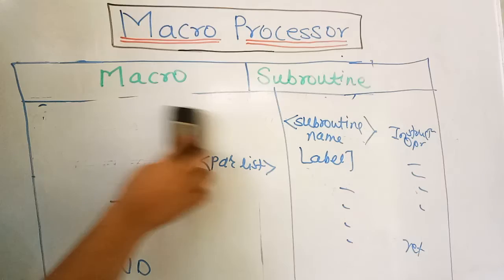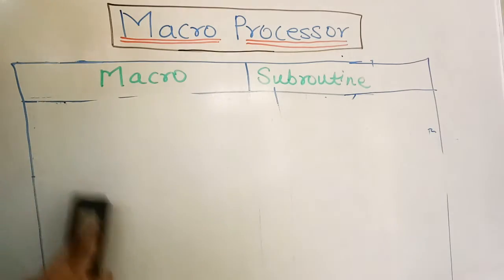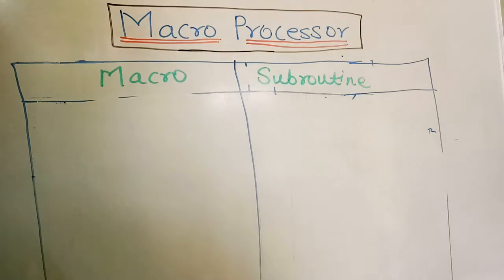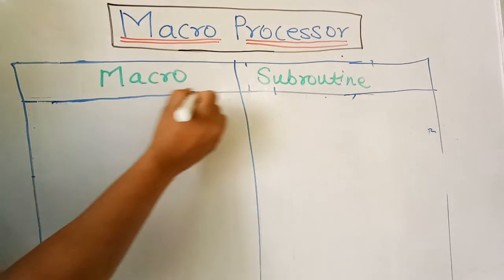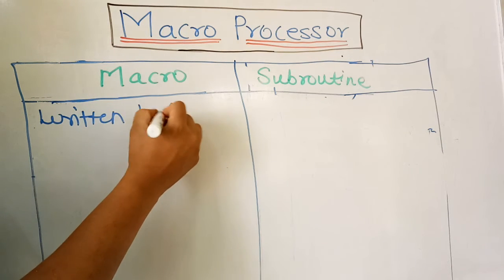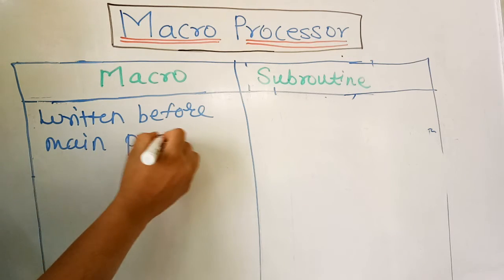We will again differentiate them with the help of different parameters. Next, in assembly level language, a macro should be defined before the main program, meaning it should be written before the main program.